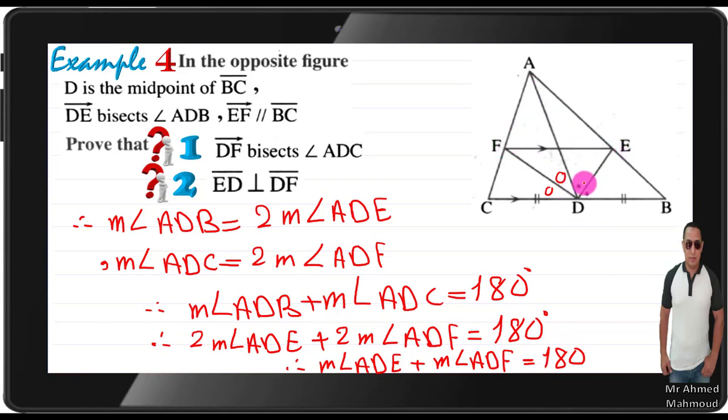ADE plus ADF gives me this angle FDE. Therefore angle FDE equals, excuse me, this is not 180, it's 90 degrees.